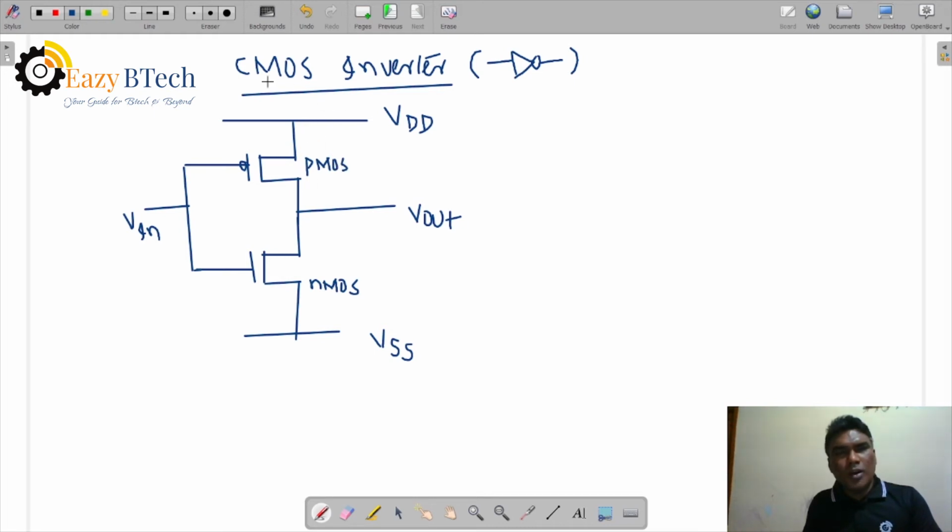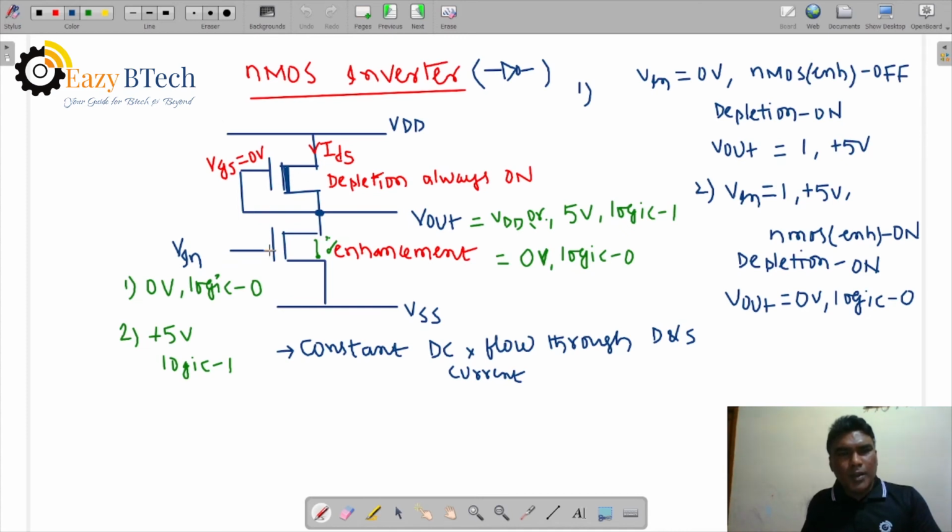That's why it is called complementary metal oxide semiconductor. We discussed this in CMOS fabrication. Here the common input voltage is applied. In the NMOS inverter, we apply the input only to the enhancement mode transistor; the depletion mode transistor has no input voltage, VGS equal to 0.